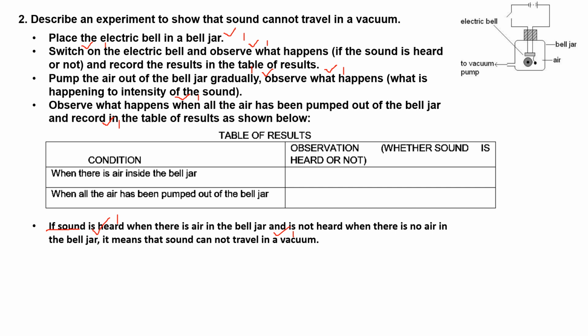Even the previous question, we said, if the graph line is straight, then it means that Hooke's law is verified. So be careful there when concluding. So once again, this is a 10 marks question. Let's verify. We have 1, 2, 3, 4, 5, 6, 7, 8, 9, 10. 10 marks altogether.